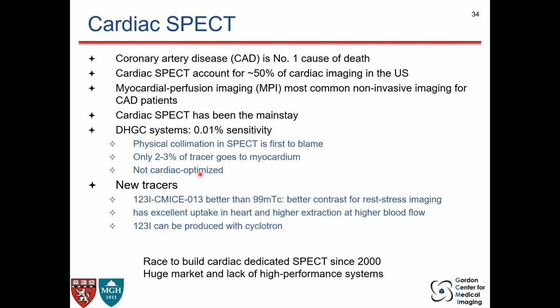Obviously, if you have a better system with better detector coverage, covering the patient's front thorax, then you're going to get better sensitivity and resolution. And with new tracers, there is a need for better contrast for rest and stress imaging, compared to technetium-based isotopes.